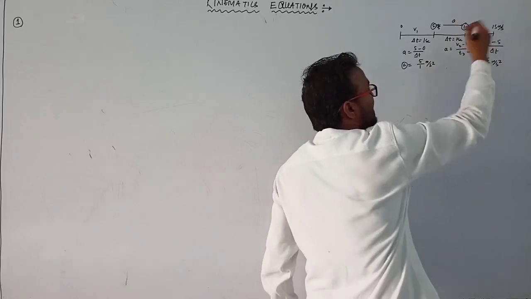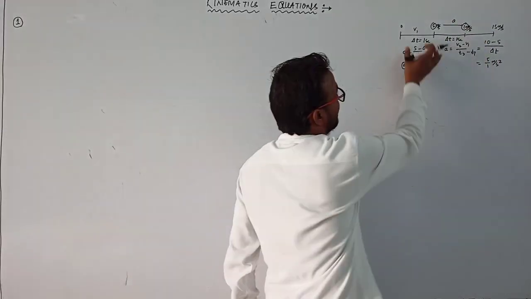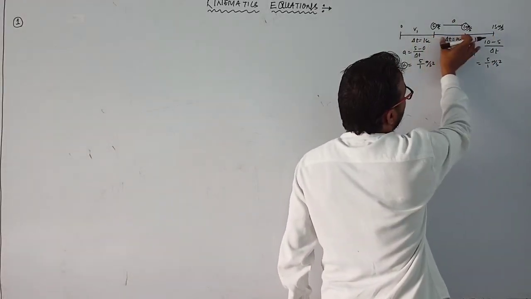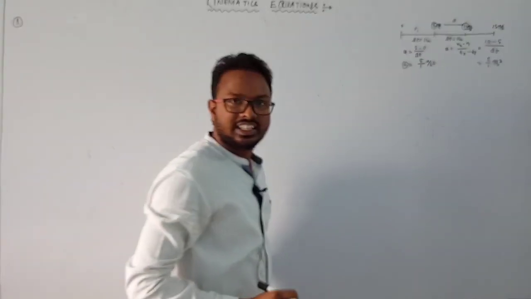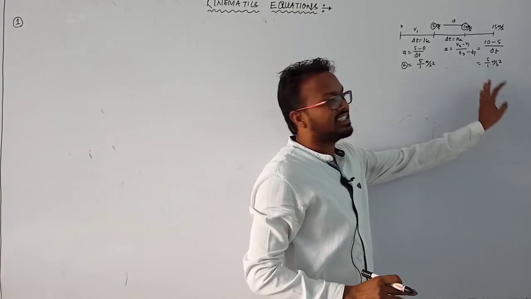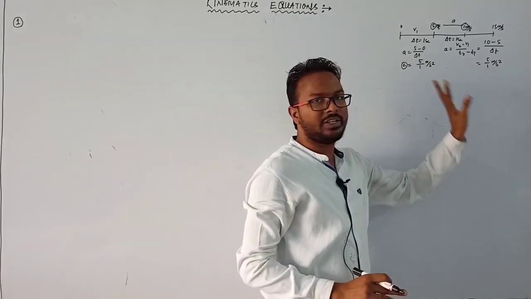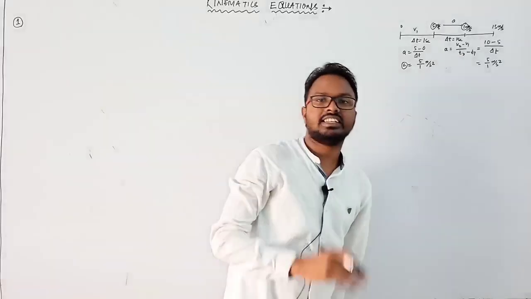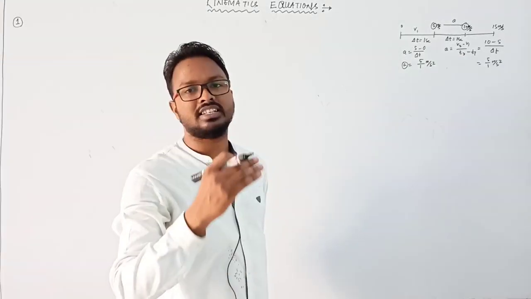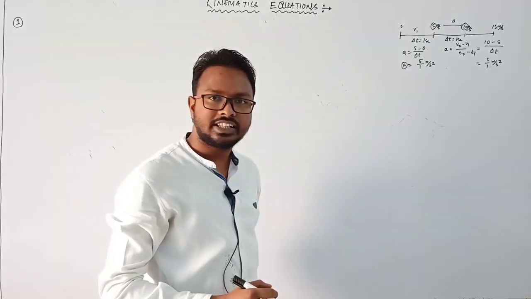So velocity increases continuously for the same interval of time, but acceleration remains constant, clear? That type of acceleration of a body or that type of motion of a body is known as uniform accelerated motion, clear?